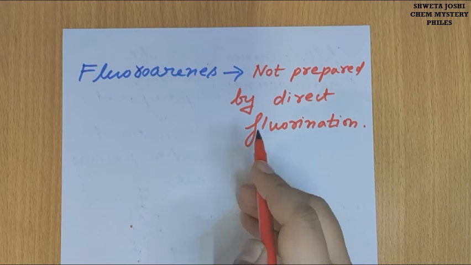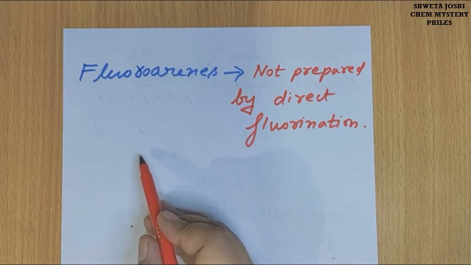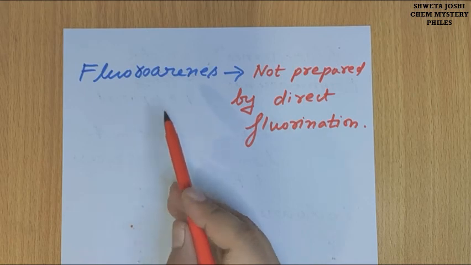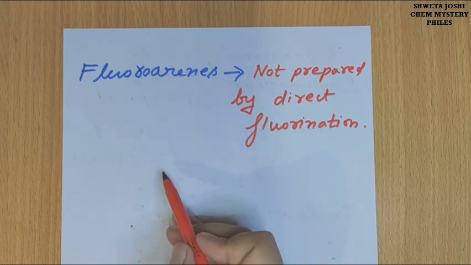This is because in case of direct fluorination, the reaction becomes very violent and it is difficult to control. So in order to prepare fluoroarenes, you have to perform alternative methods like the Balz-Schiemann reaction.